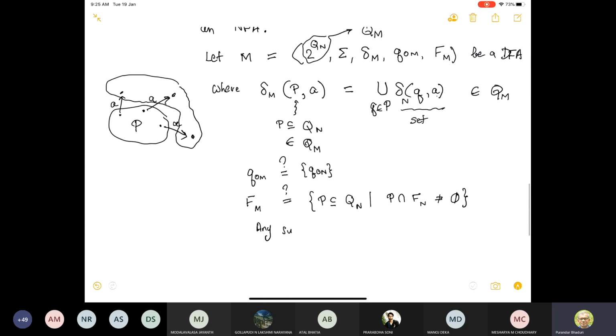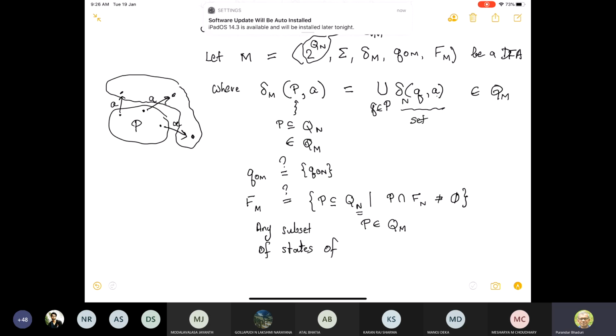Sir, shall this be Q_M in the definition of F_M? P is a subset of Q_N. If P is a subset of Q_N, then P is an element of Q_M. Okay, sir.